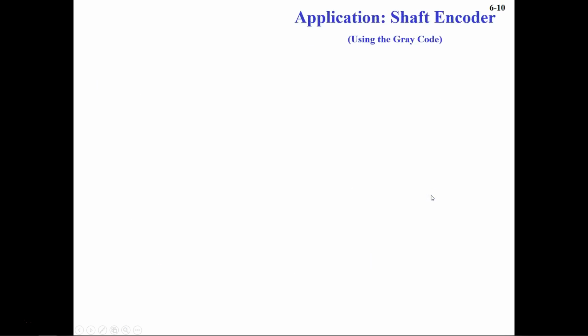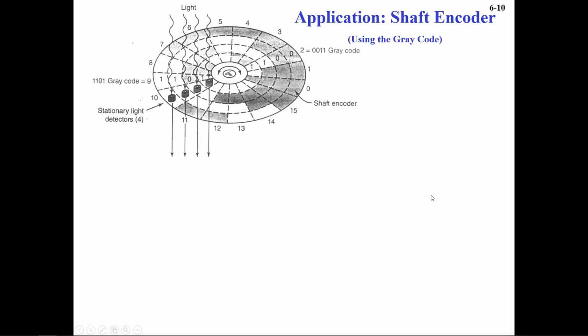Now let's move on to the next. Next we have the application of gray code in a shaft encoder. This is a shaft encoder you see here, and you see these stationary lights, and each of these segments is numbered starting from 0 to 15.